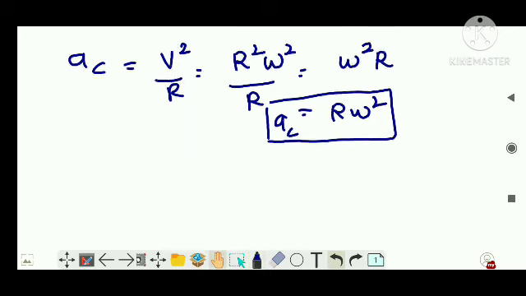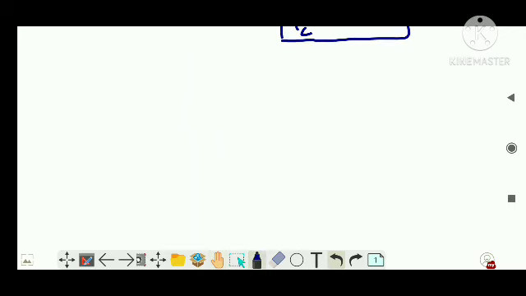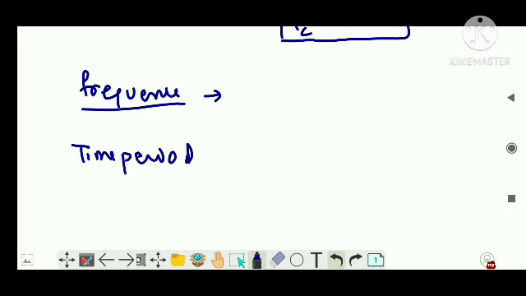Similarly, our theory is going to finish up, guys. Suppose you are asked what is the frequency of a circular motion. Before that we will talk about time period, then it is better to talk about frequency. Now what is time period?